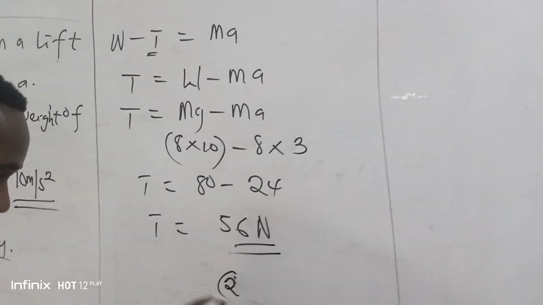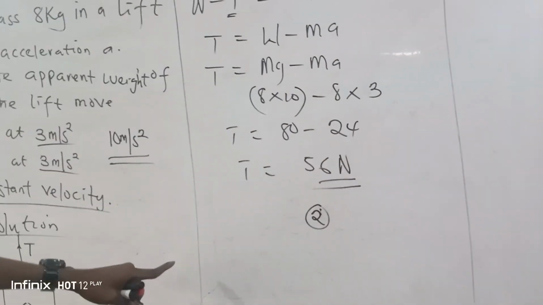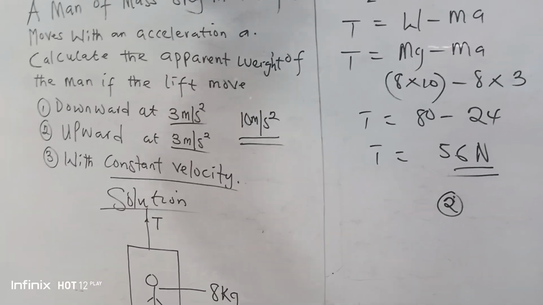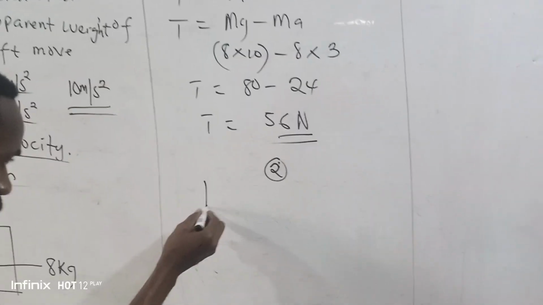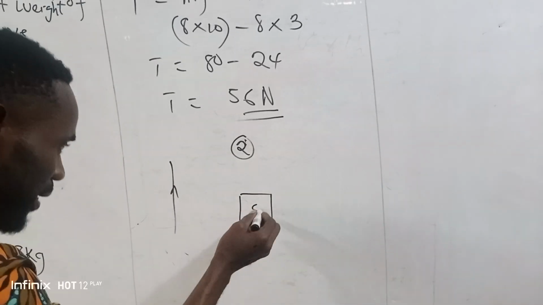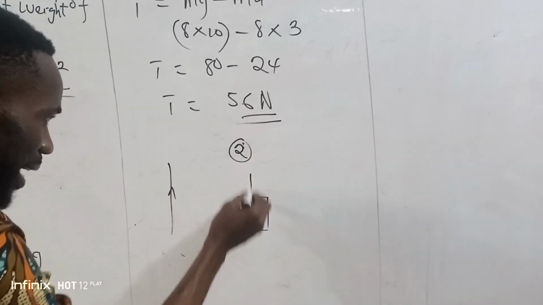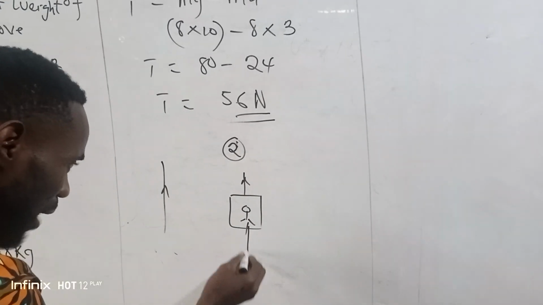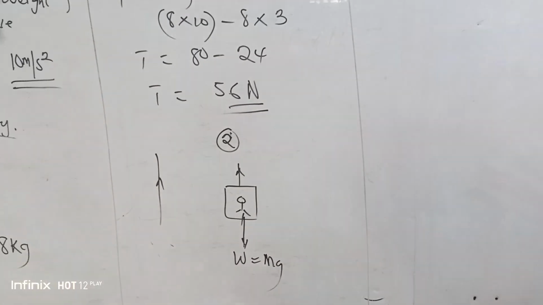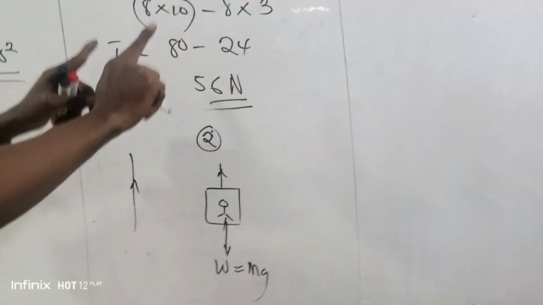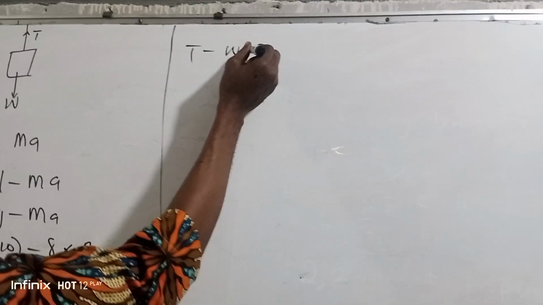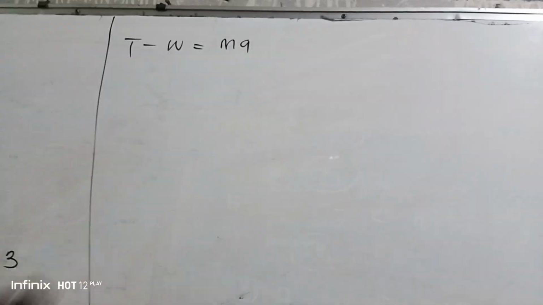Number two, what will be the apparent weight of the man if the lift goes upward, accelerating? In this case, the acceleration is upward. So we still have the diagram. Here the tension T, and here we have the weight W, equal to mass times acceleration due to gravity. Here the acceleration is upward, so the tension minus the weight will be equal to mass times acceleration.